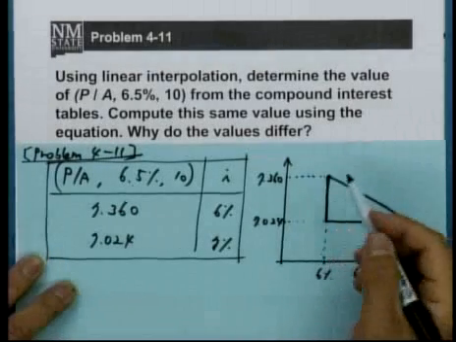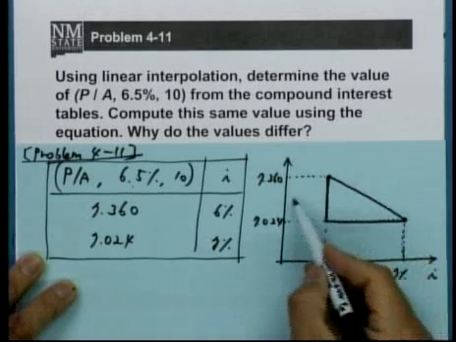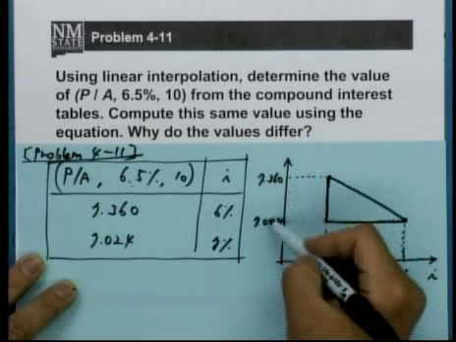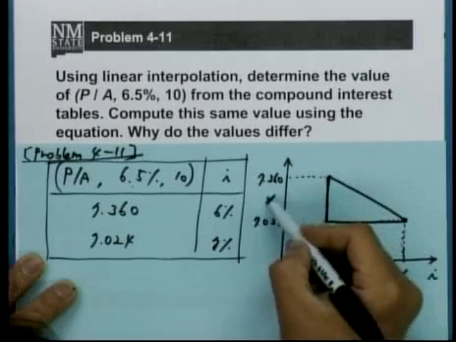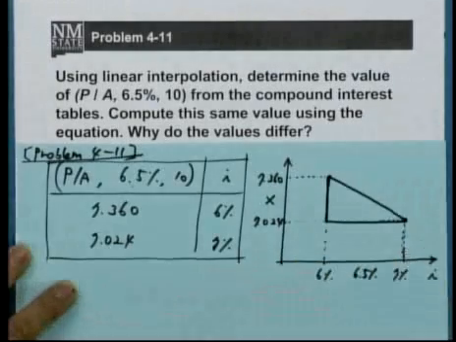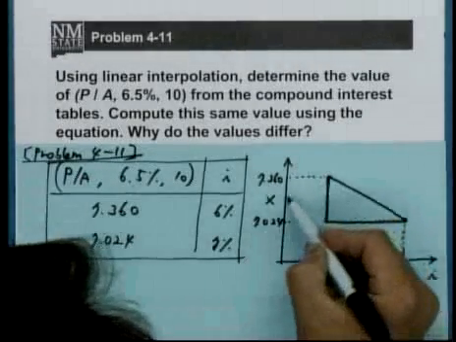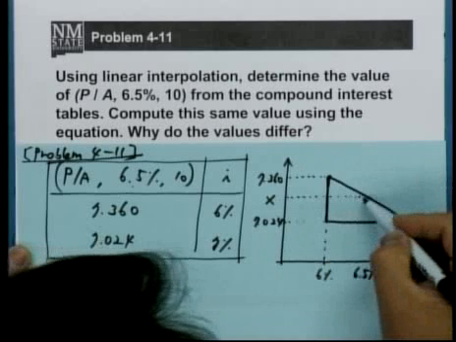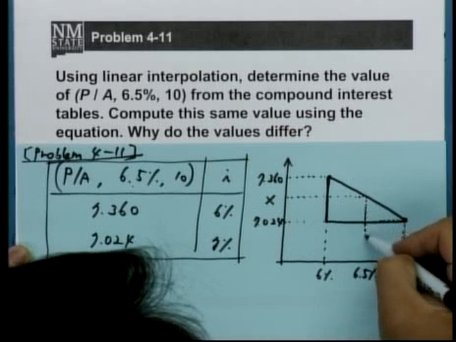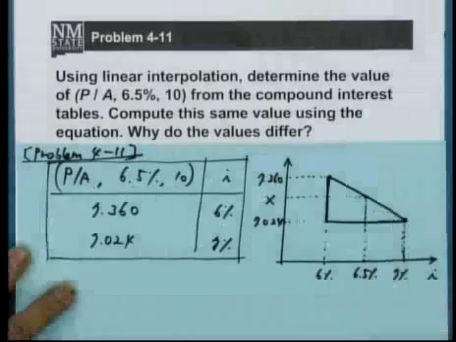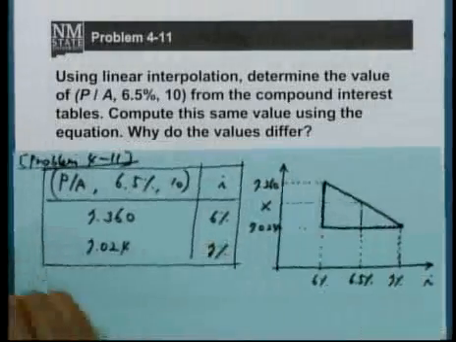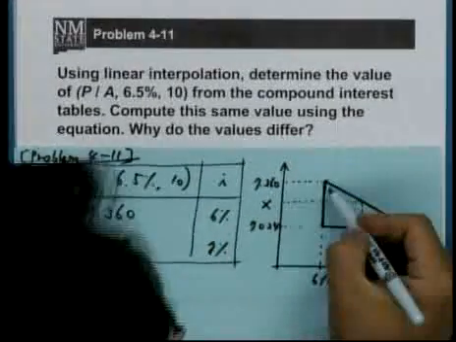And let's say somewhere between these two values we have x, okay? That corresponds to 6.5%, okay? So we have this small triangle.